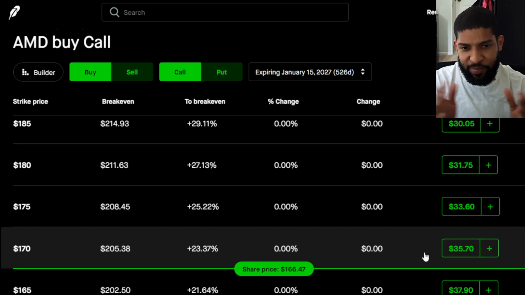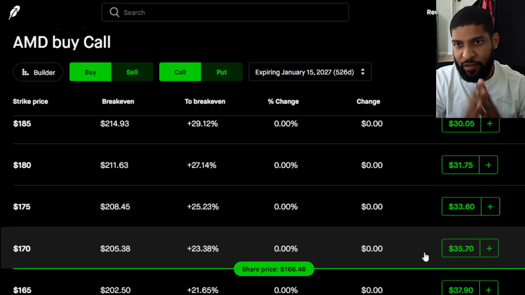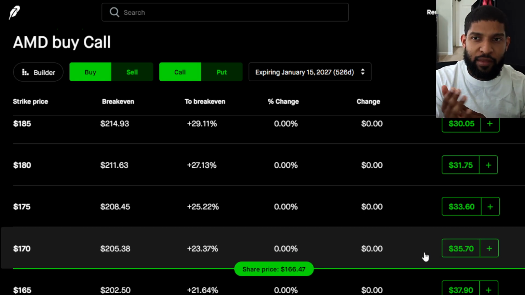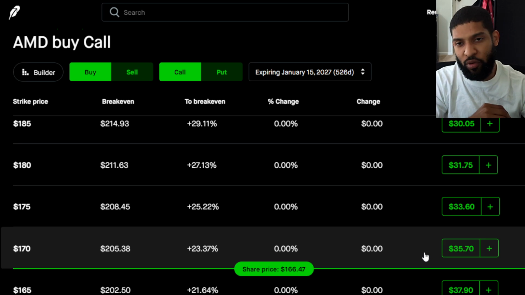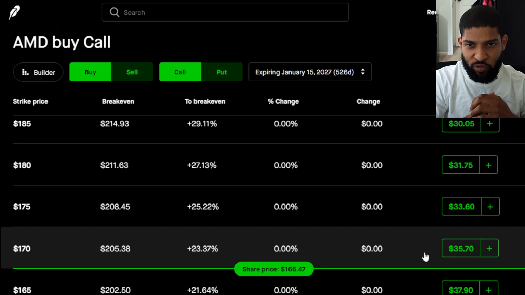Now that's the easy part. The difficult part is, let's say you're looking to buy a call option on AMD. Ideally, you want to know where the support levels are, where resistance is, so you could buy the contract when it's at support.